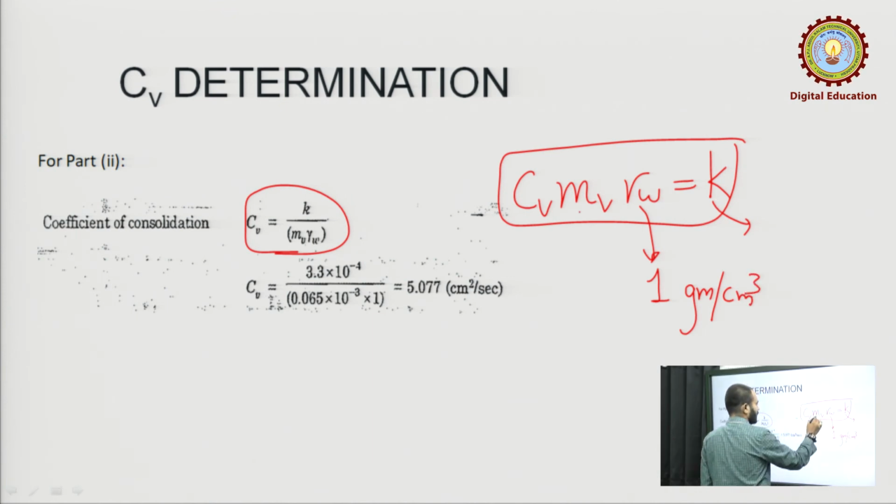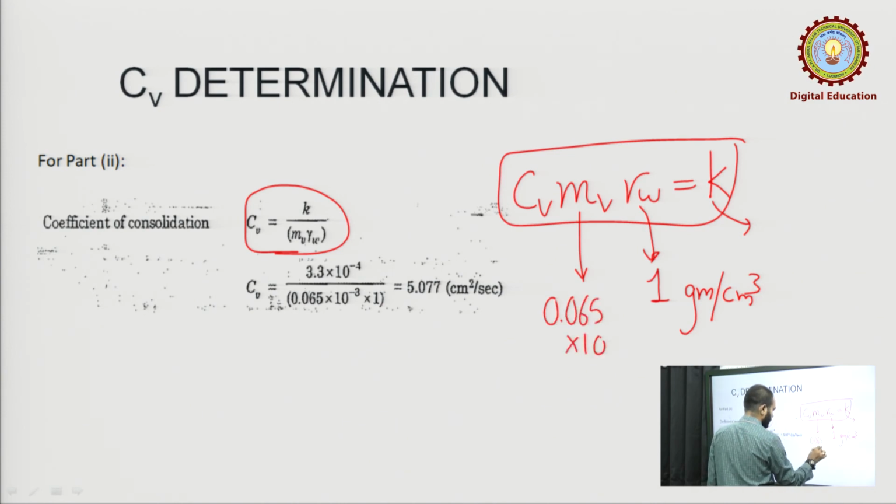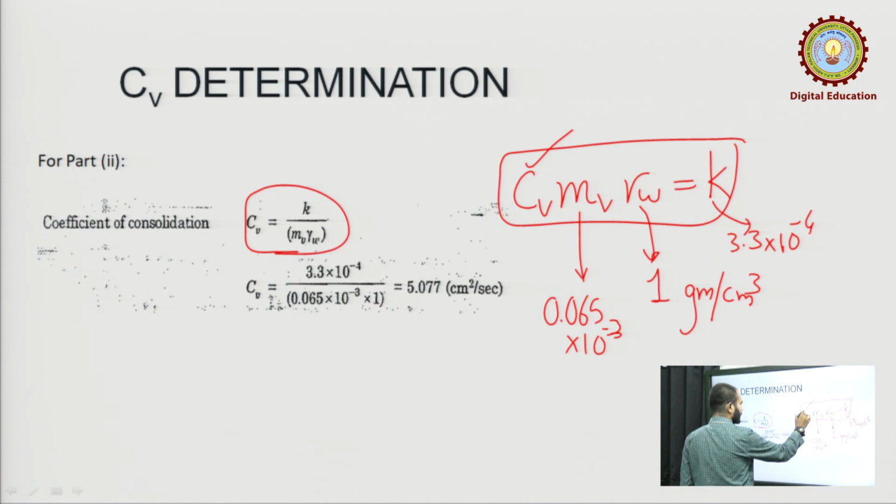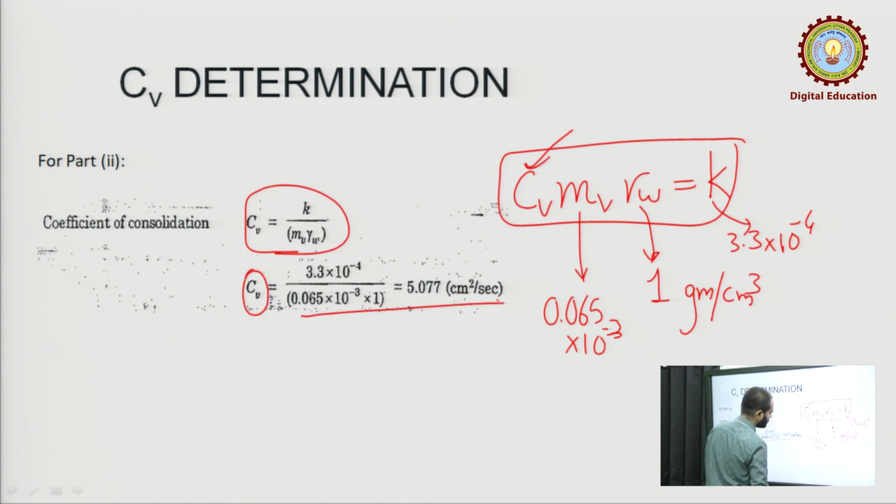MV we have just calculated, it was 0.065 into 10 to the power minus 3. So, we can find out the CV. The value of K given is 3.3 into 10 to the power minus 4. Just solve it out to get CV. So, this is the answer. This is done.